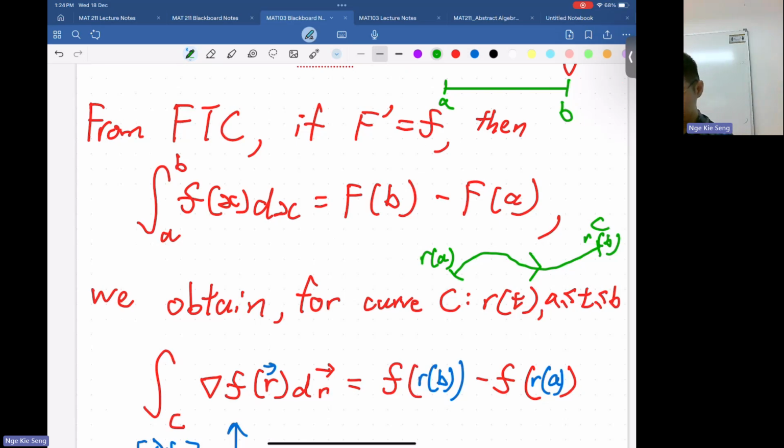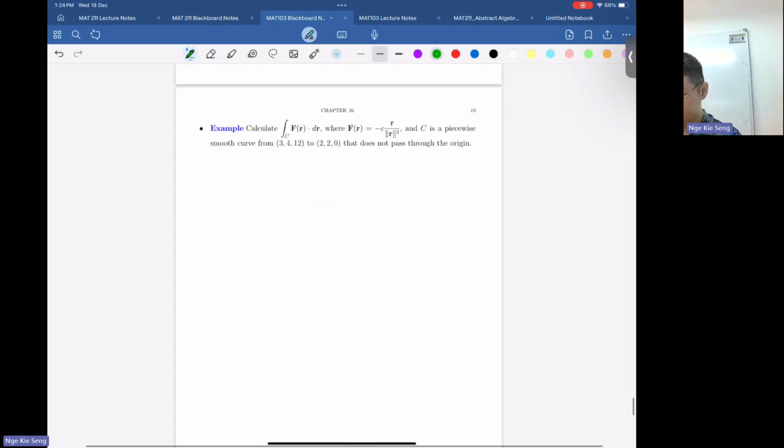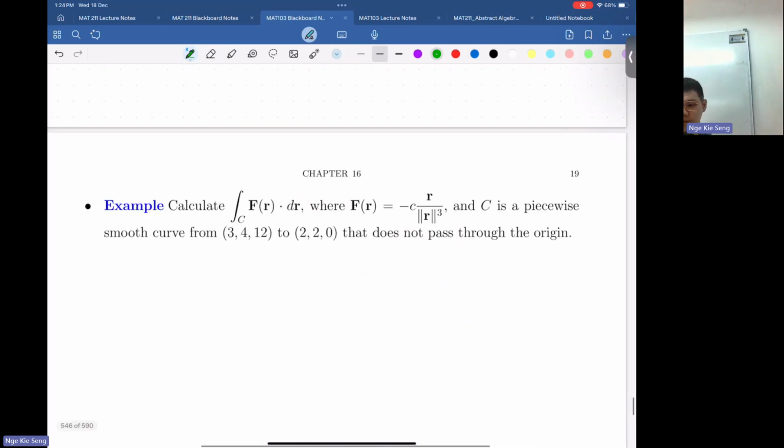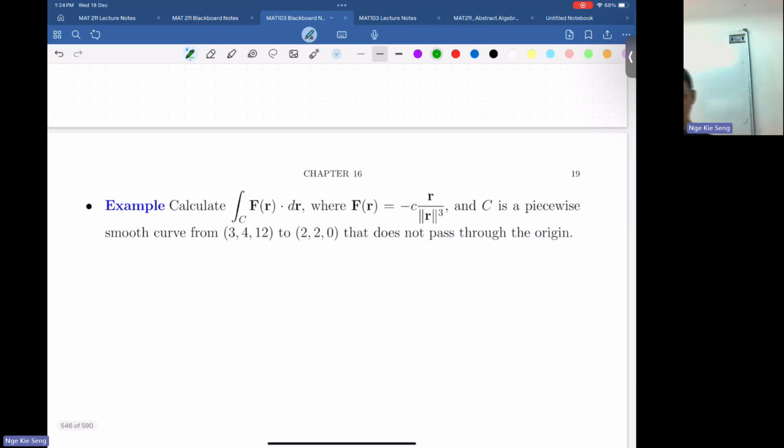Okay, so let's do one example here. Let's compute this line integral. I want to compute this F(r), which is minus C times r over the norm of r cubed. Anyone still remember this vector field or not?